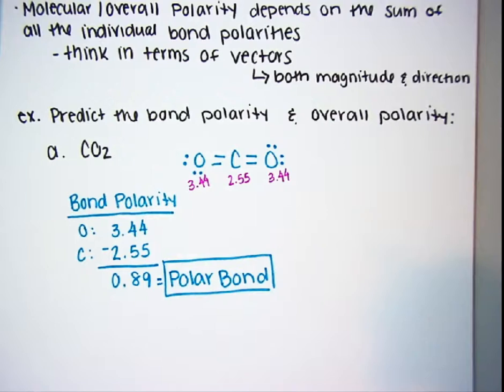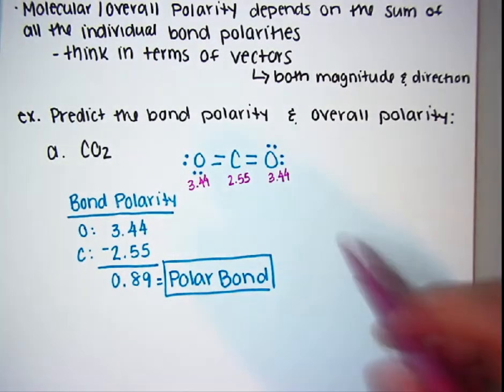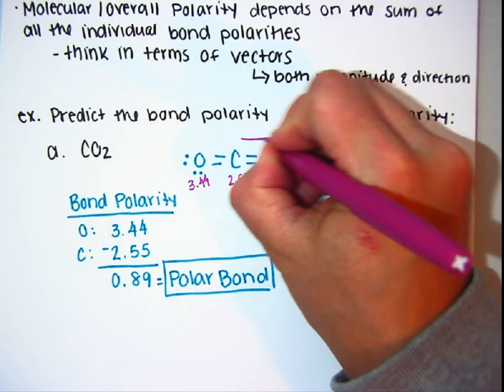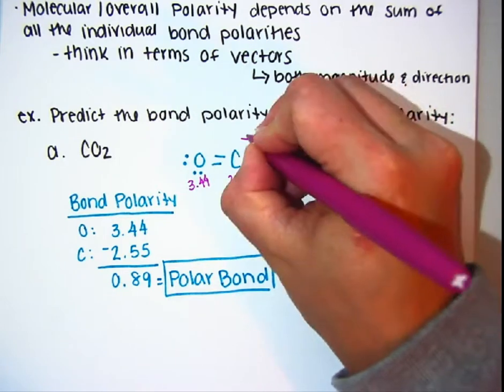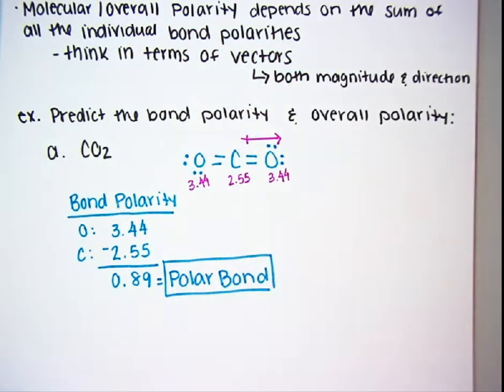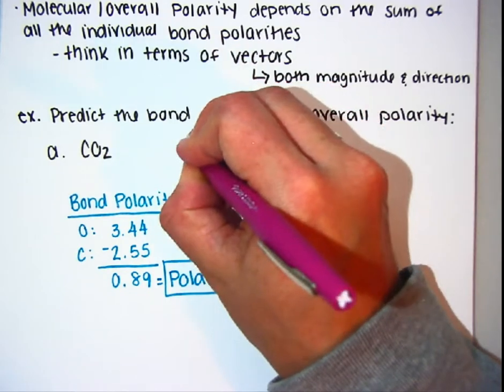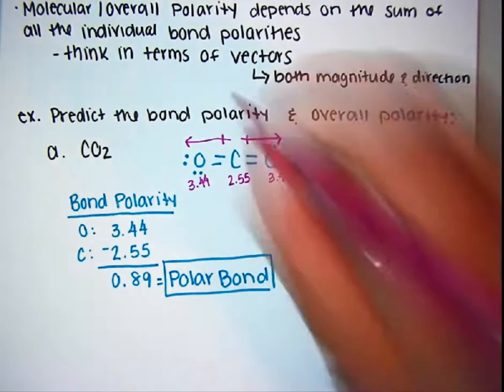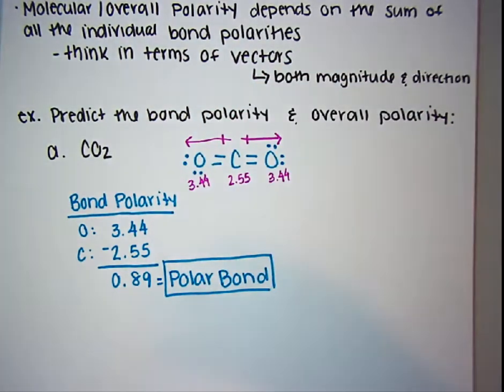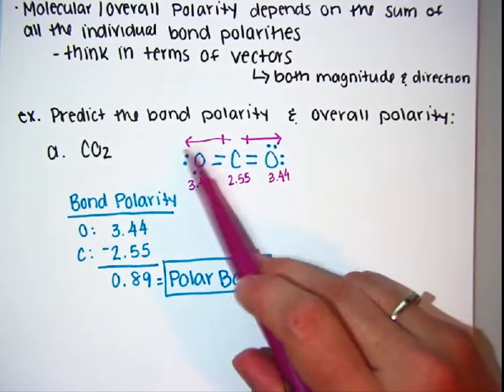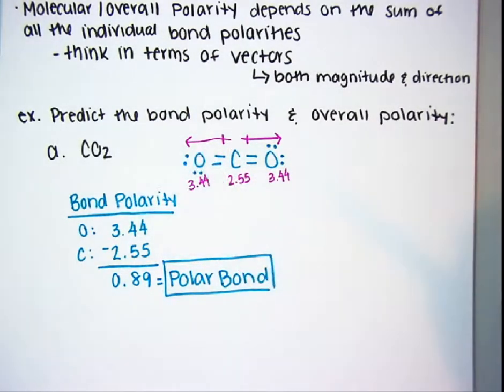Remember, electronegativity is the tendency to attract electrons. Oxygen is more electronegative, so it is going to pull the electrons closer to it. But this oxygen is also more electronegative, and it is going to pull the electrons closer to it.